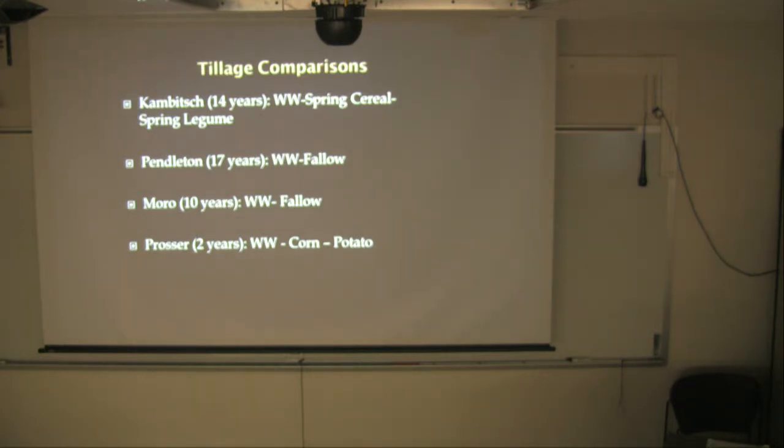Pendleton has 17 years of management history with the winter wheat fallow rotation. These are both till and no-till. Morrow, with 10 years of management history, is a winter wheat fallow rotation. And then Prosser, again, the irrigated site, is the most recent site, and has a winter wheat corn potato rotation.